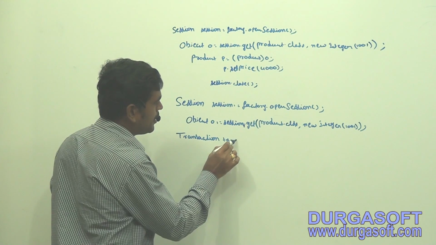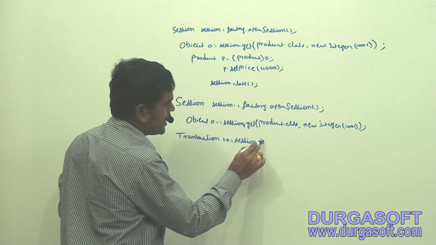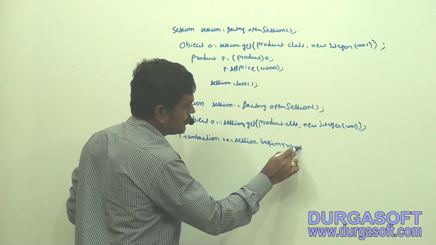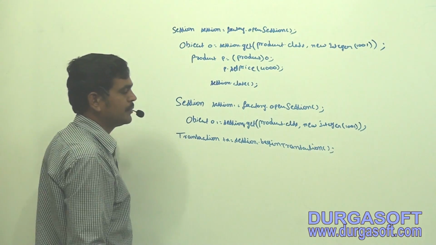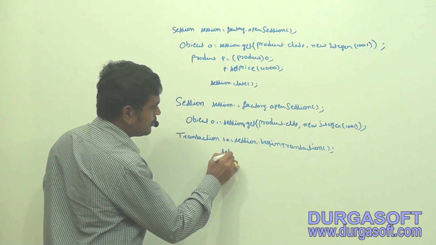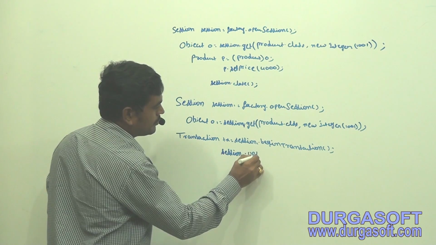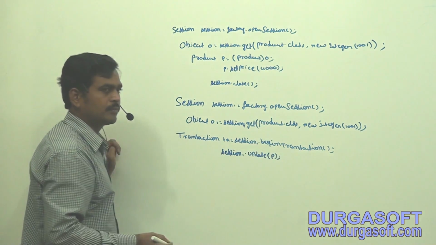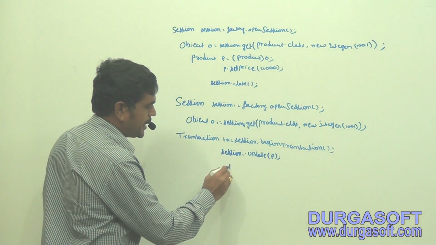Transaction tx is equal to session1 dot begin transaction. After that I am going to use session1 dot update of p. Then after that tx dot commit.